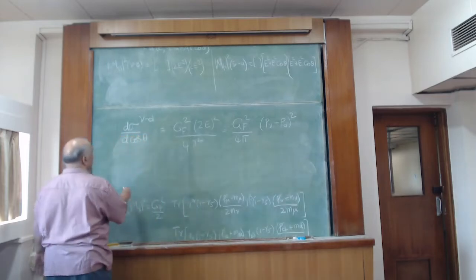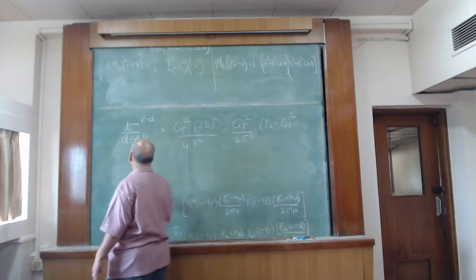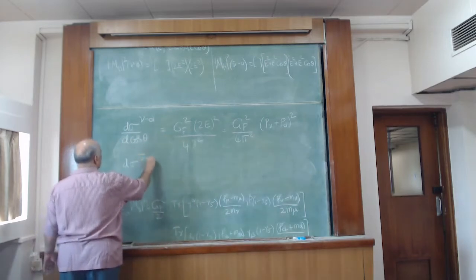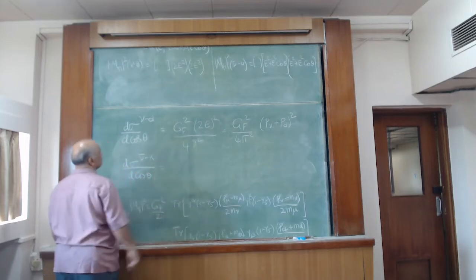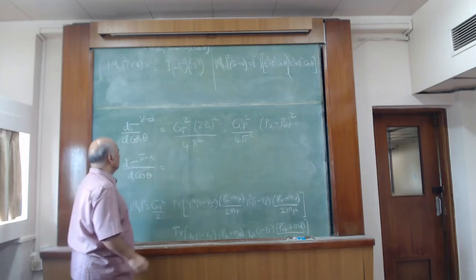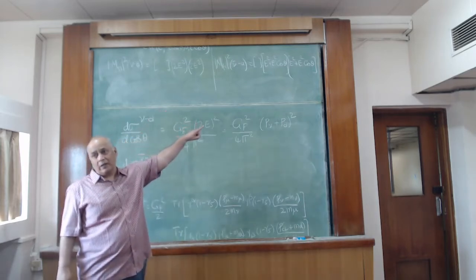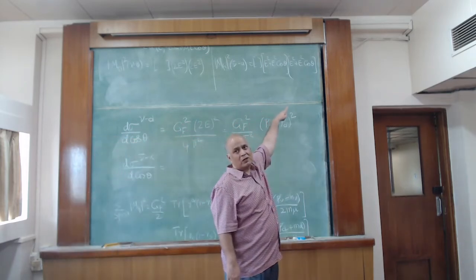Whereas for 4 pi square, d sigma nu-bar u by d cos theta is, remember, all other factors are same except that there is a (1 plus cos theta) whole square extra.